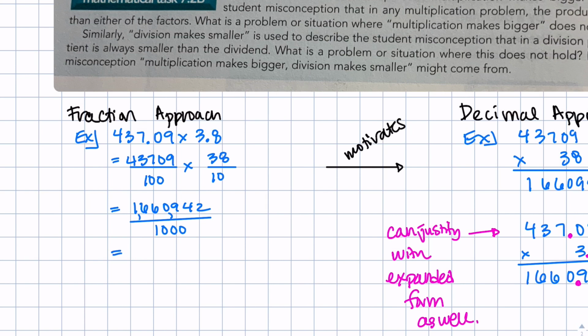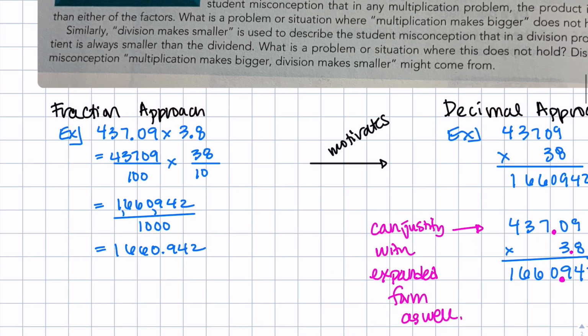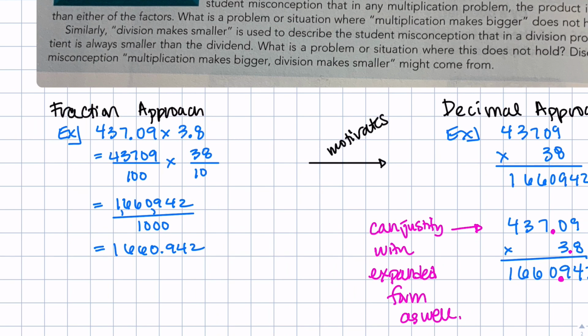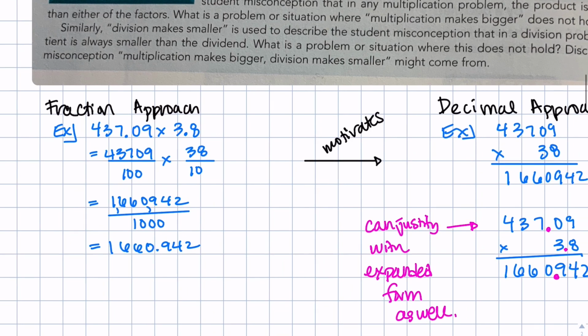And now writing this in decimal form, this is 1,660.942.